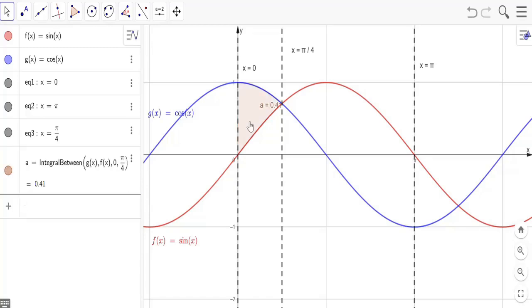So that's the area, which is equal to 0.41 square units.